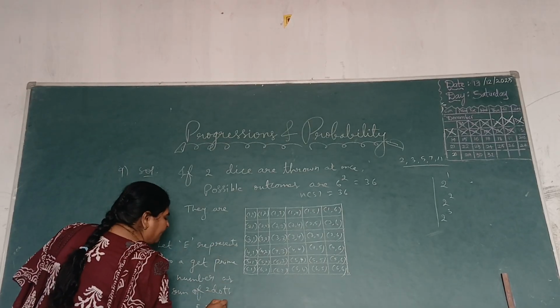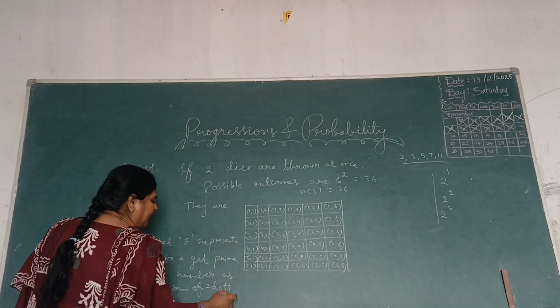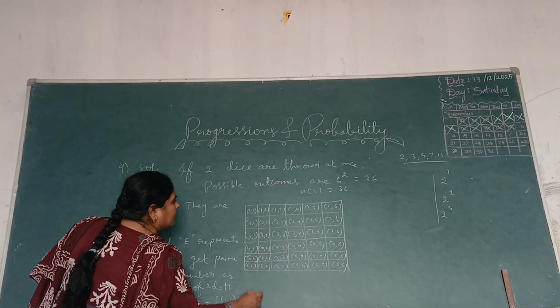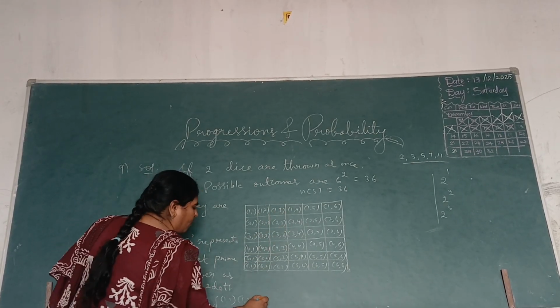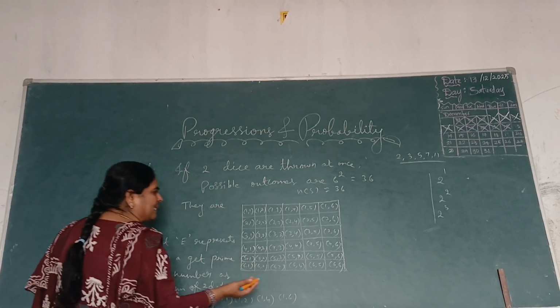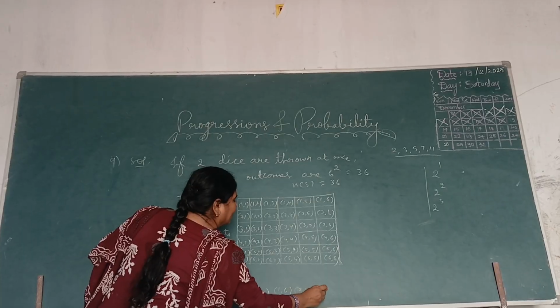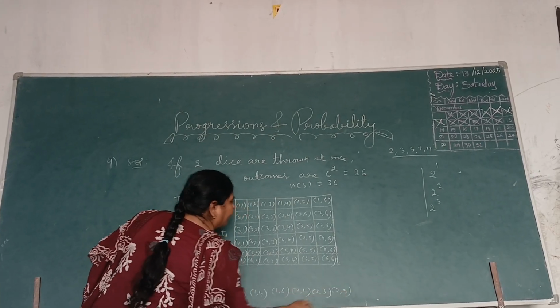1, 1 comes under E because it's a prime number. 1 plus 1 is 2. Then 1 plus 2 comes. 1 plus 3 no. 1 plus 4 yes. 1 plus 5 no. 1 plus 6 yes, 7. So 2 plus 1, madam. 2 plus 5, madam.